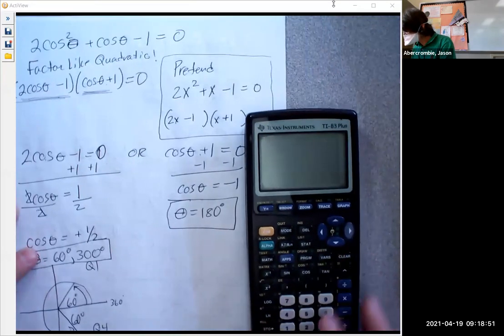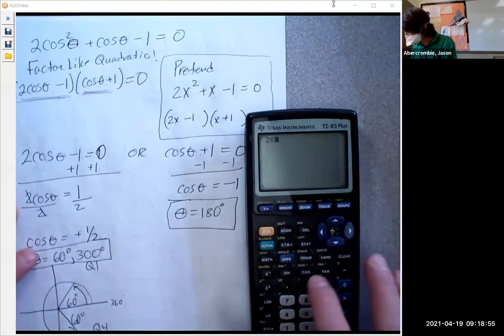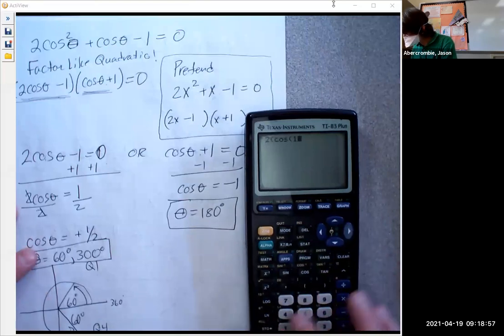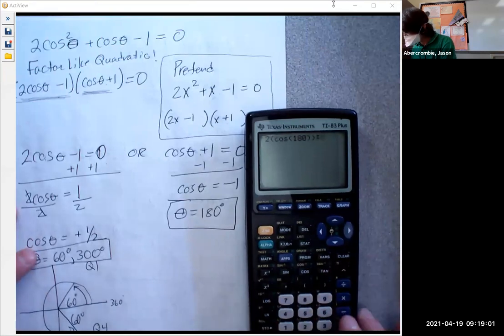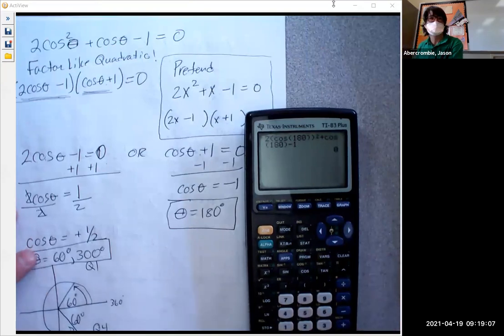We had 2 cosine squared plus cosine minus 1. We'll start with 180: 2 cosine of 180 squared, and then plus cosine 180 minus 1. Does that equal 0? It does.